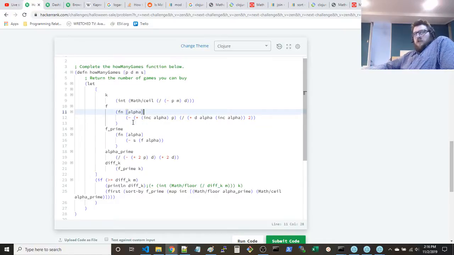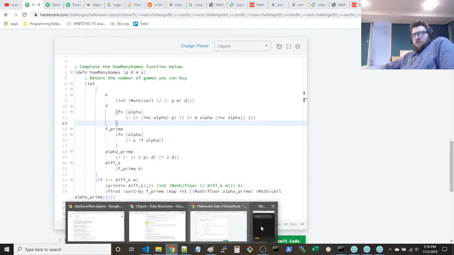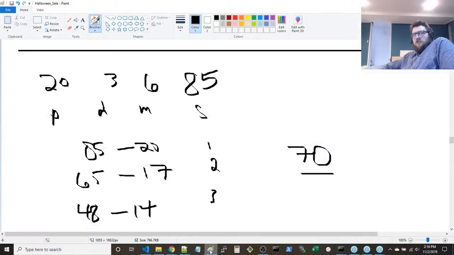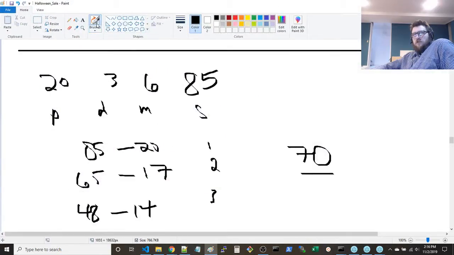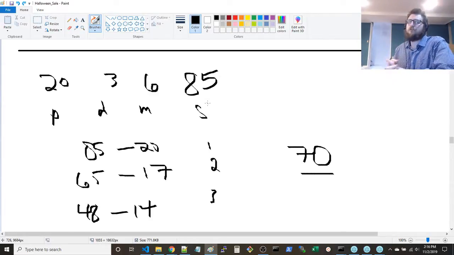When we run this, we check this. F of k being 70, what do we get?